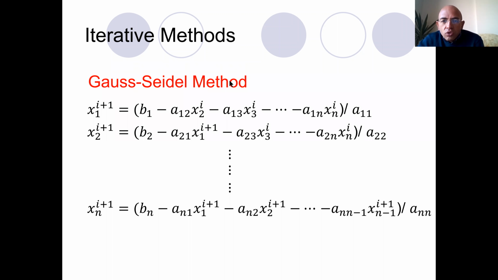For example, here it is A11. Now, in order to guarantee the convergence, the sum of the absolute values of the coefficients of the rest of the variables in that equation, A12 plus A13 up to A1n, has to be smaller than A11. This guarantees the convergence in the Gauss-Seidel method.